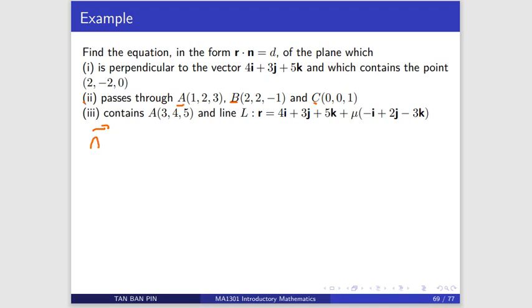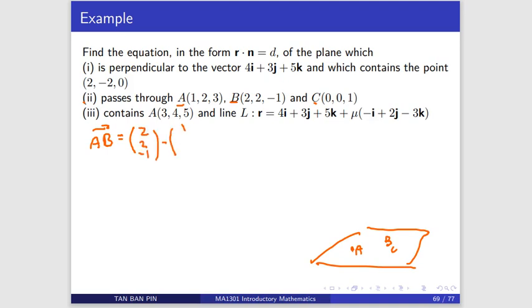Vector AB is definitely parallel to the plane, because the plane will contain the points A, B, and C. So AB is OB minus OA. So it's (2, 2, -1) minus OA, which is (1, 2, 3), and you'll get (1, 0, -4).